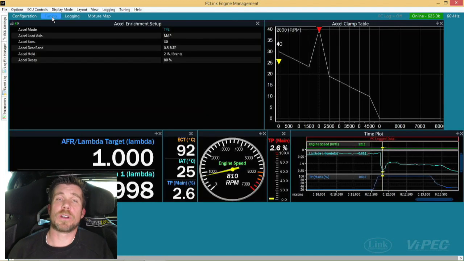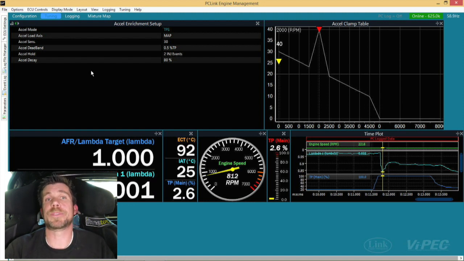The point I'm trying to make here though is it's important not to beat yourself up over having an absolutely perfectly flat lambda trace that doesn't deviate from your target, so it moves from one target lambda to the other as soon as you move the throttle. It's not very realistic.